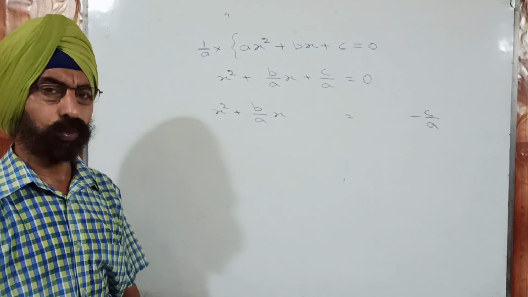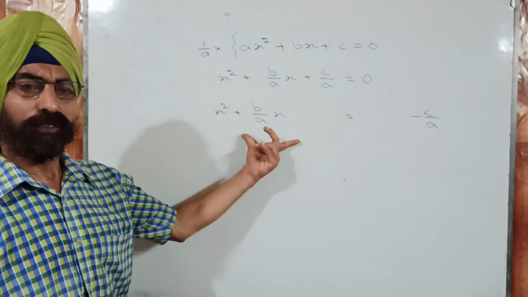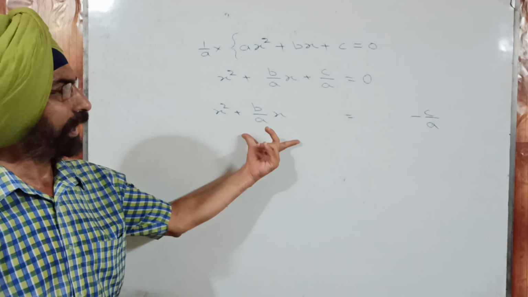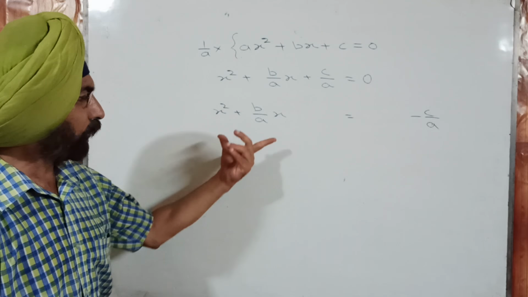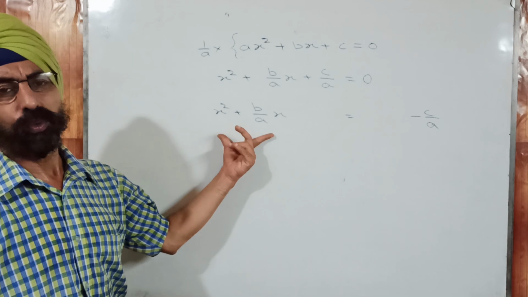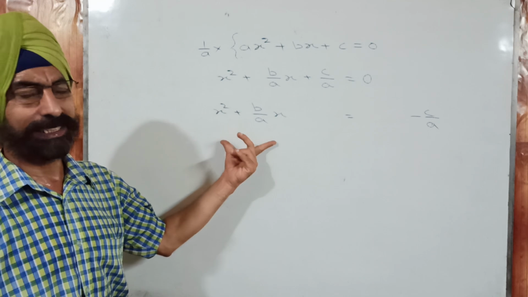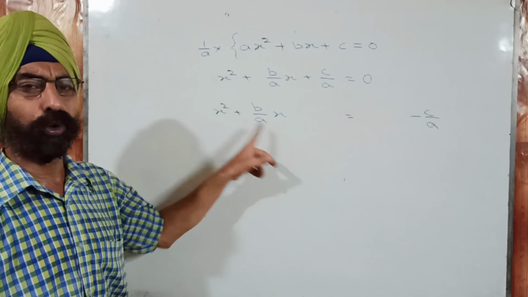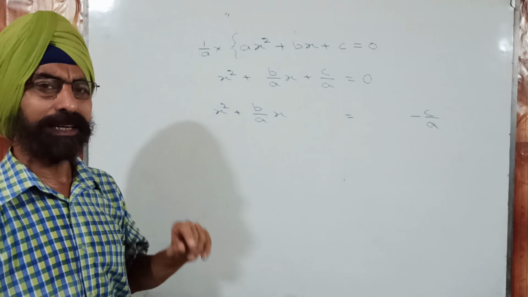So what are we to do? We are to complete the square on the left hand side, and whatever part we add to make it a complete square, we will also add the same part on the right hand side. You are to add the square of half of the coefficient of x, because the coefficient of x square is 1, you have made it a monic polynomial. Now the coefficient of x is b upon a.